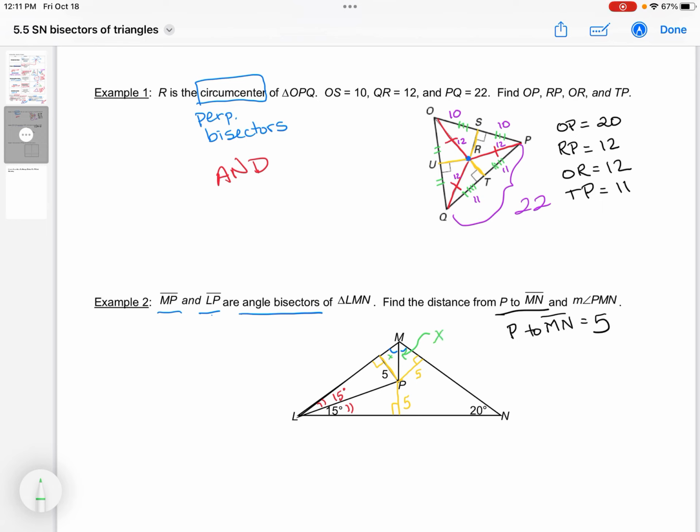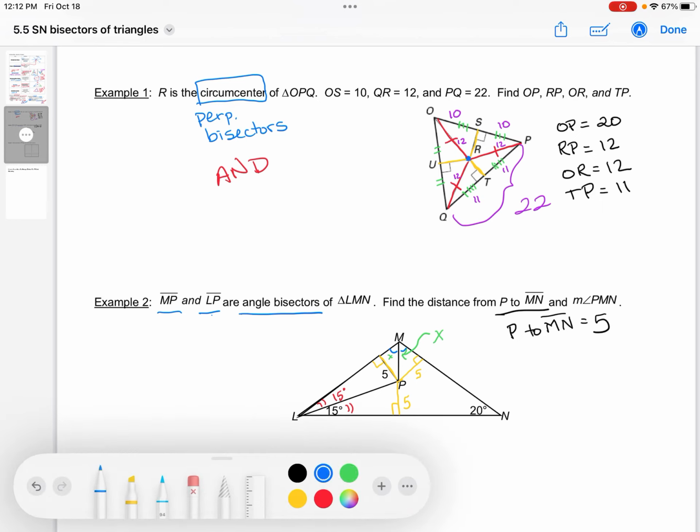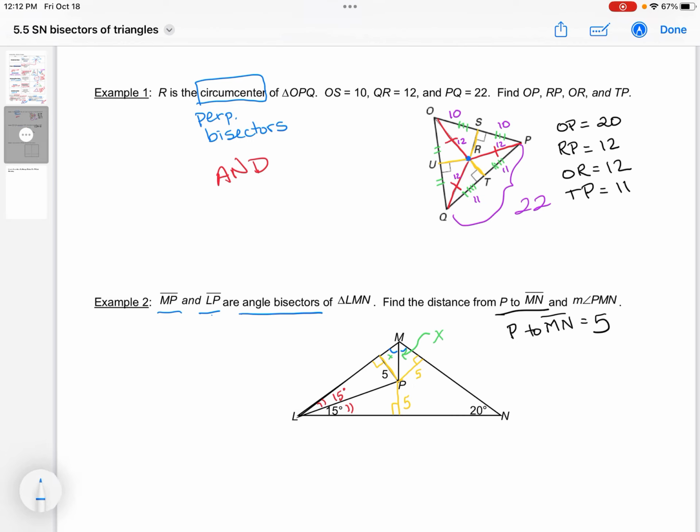here's what I need to do. That's my X, right? Which means the other side is X. So I'm going to add all these together. So I have 20 plus 15 plus 15 plus X has to equal 180.